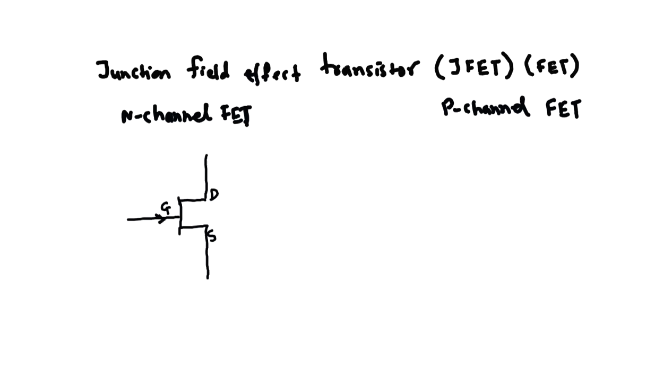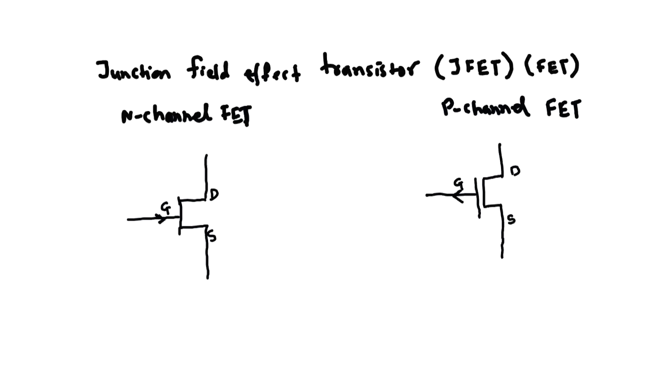If the arrow is pointing inside the gate, it is N channel. However, if you have a symbol with the arrow pointing outwards from the gate terminal, it is P channel FET. So these are the two types of transistor.